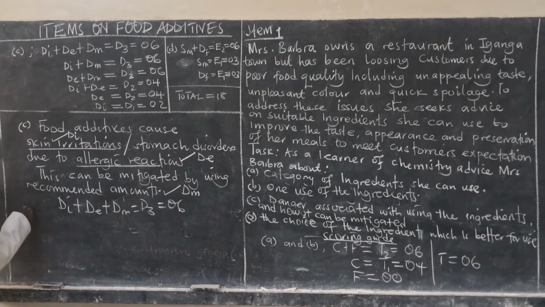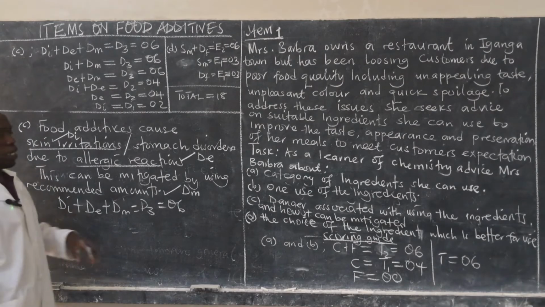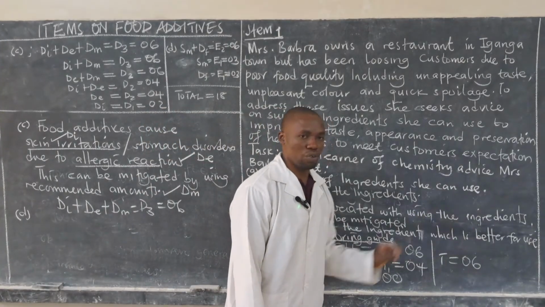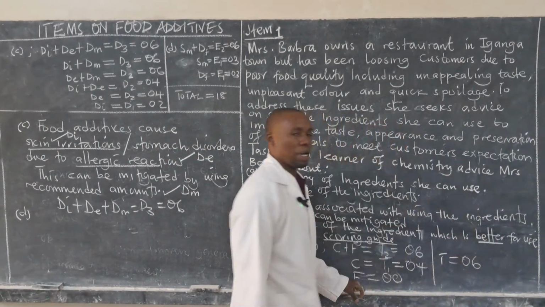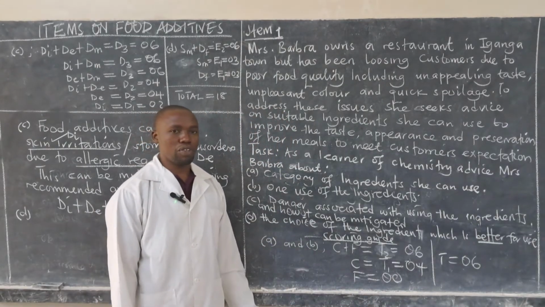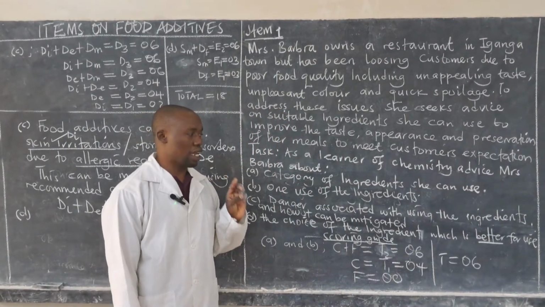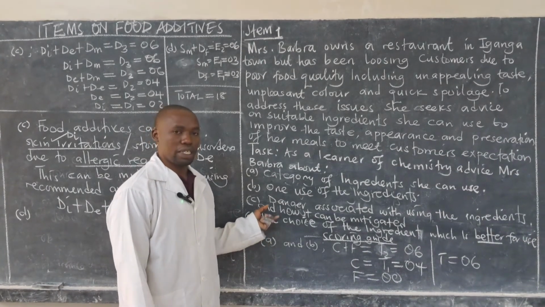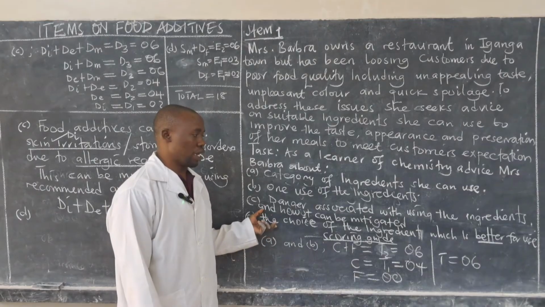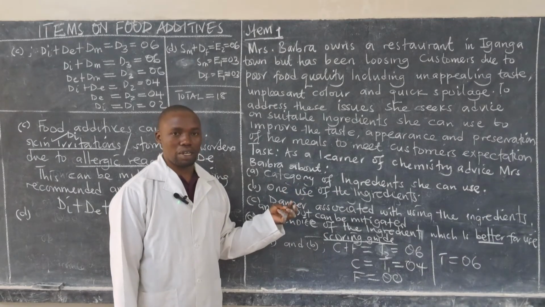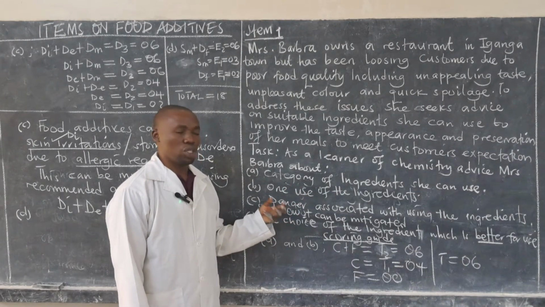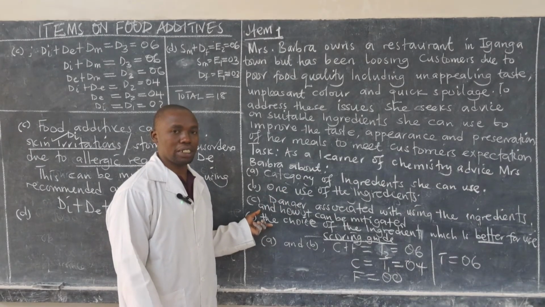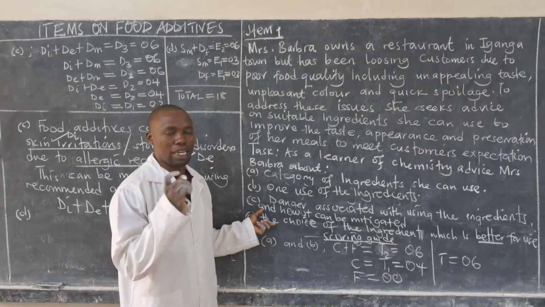Let us look at part D. Part D, the choice of the ingredient which is better for use. The word better is comparative language. That means we are going to talk about similarities and differences. Or the item can say evaluate the ingredients, or which one is better or more suitable. Any comparative language used in part D means stating similarities and differences.